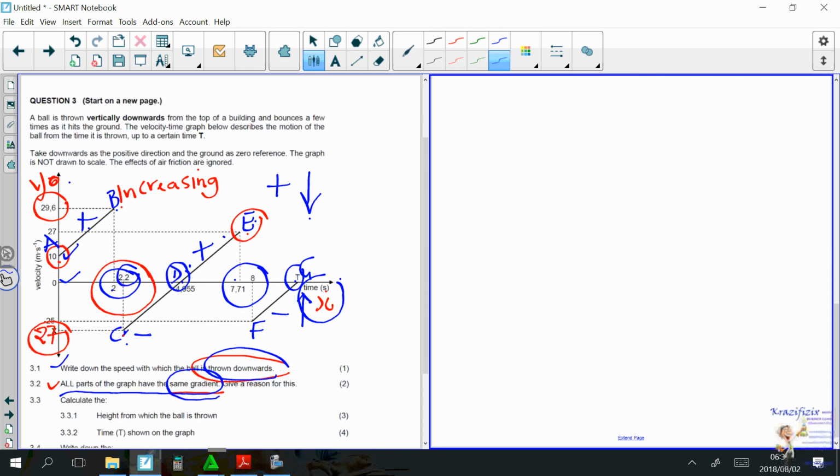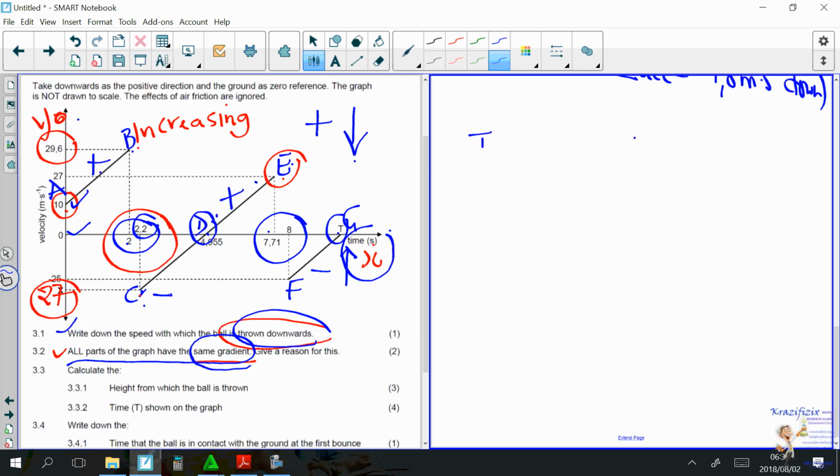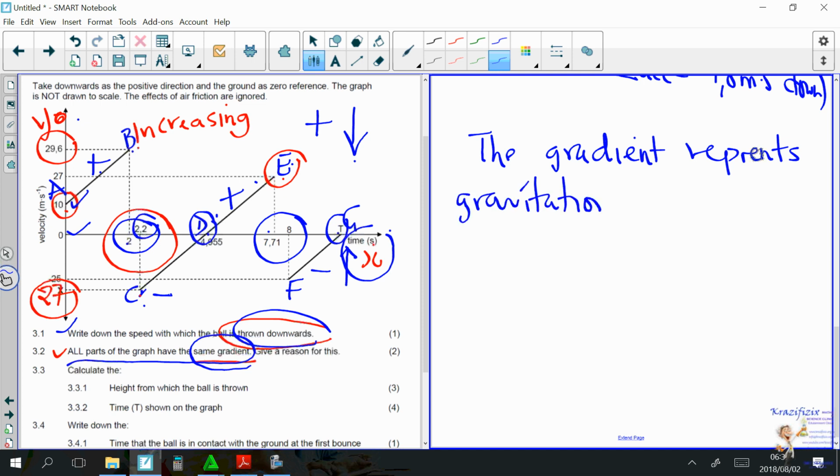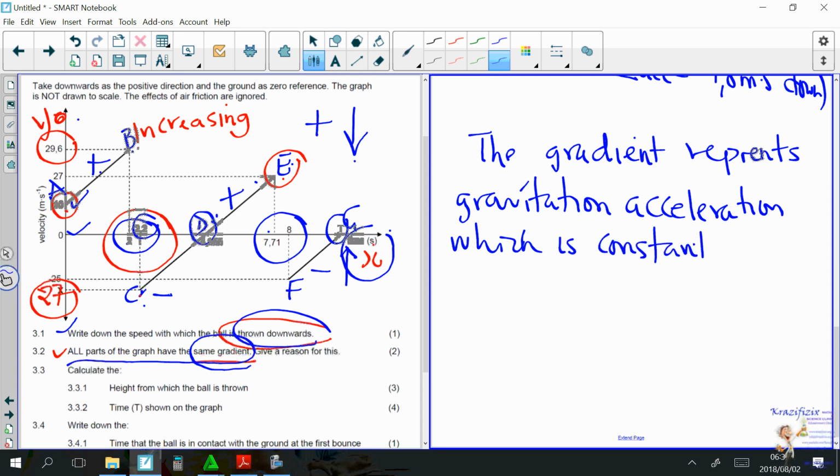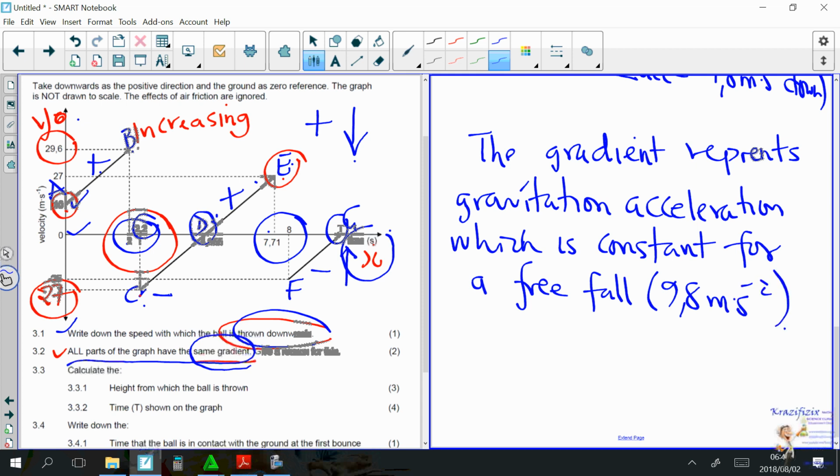So what we're saying now is this: the gradient represents gravitational acceleration, or what you know as acceleration due to gravity, which is a constant for a free fall, and that value is 9.8 meters per second squared.